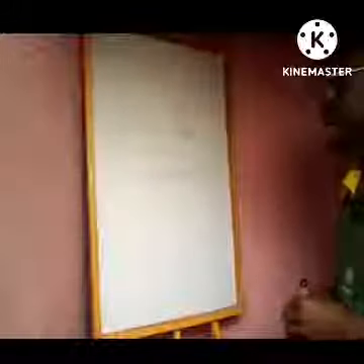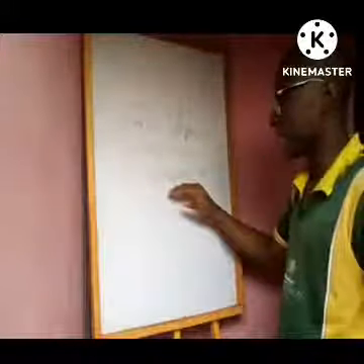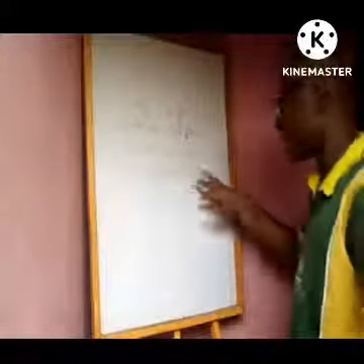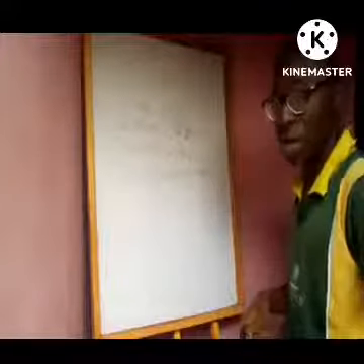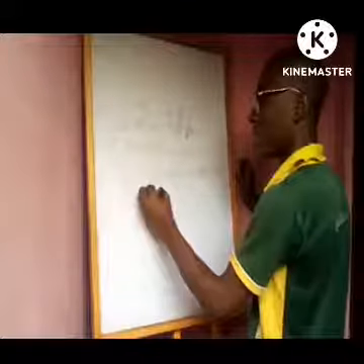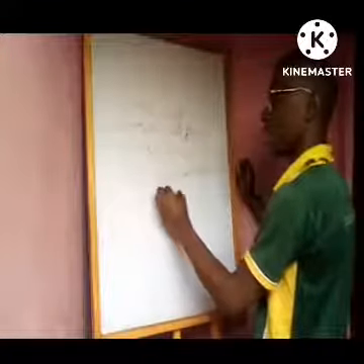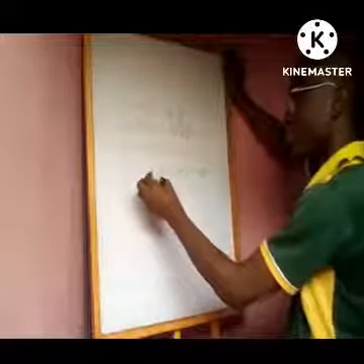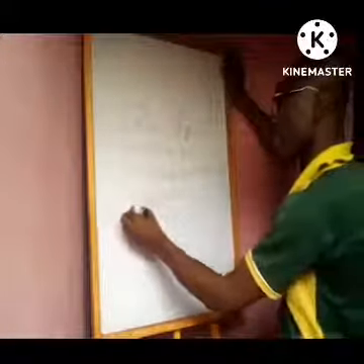So you can see that the coefficient of x in this equation is the negative of the sum of roots, and the constant term is the product of roots. If you compare this to the equation ax squared plus bx plus c equals 0 and divide all through by a, you have x squared plus b over a x plus c over a equals 0.